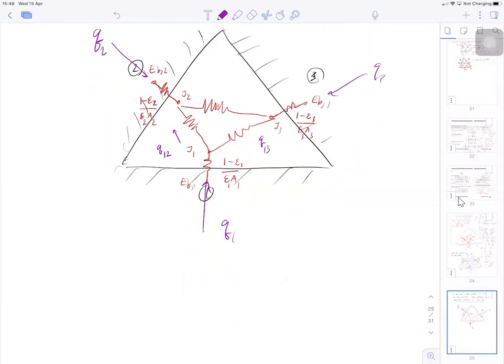I started Q with subscript 1 and ended up with 2 on one side because the ending is on surface 2. And on the other side, I started with Q13. 1 is the starting point, 3 is the ending surface. Okay? So if I know this Q1, right? Q1 is equal to Q12 plus Q13.